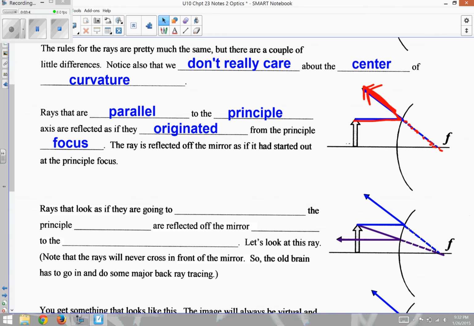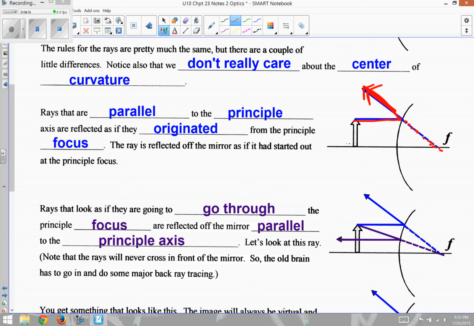Okay, looking at the next one to get another line. Rays that look as if they are going to go through the principal focus are reflected off the mirror parallel to the principal axis. What is that saying?